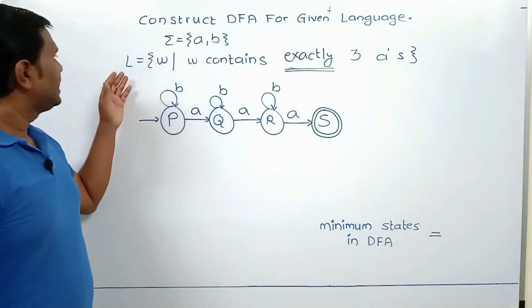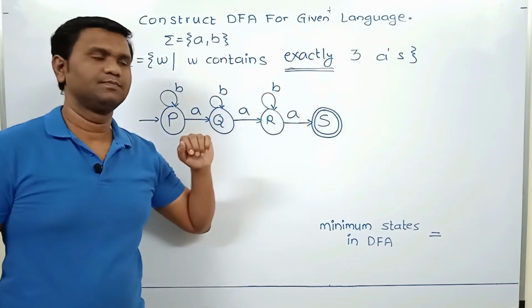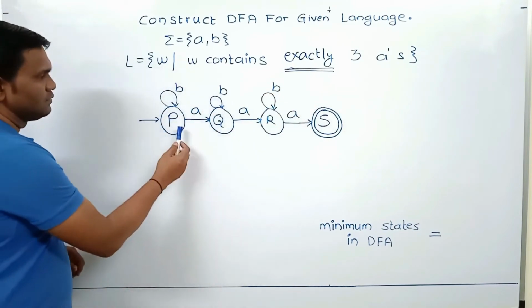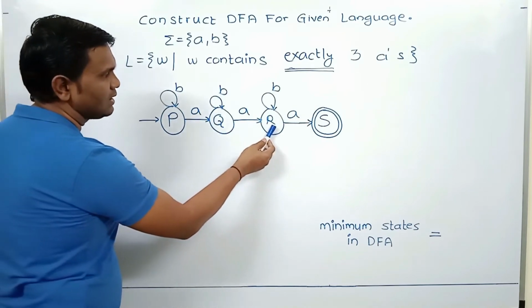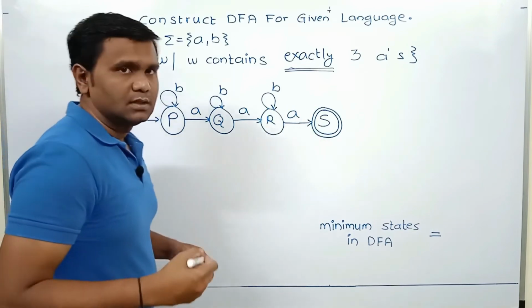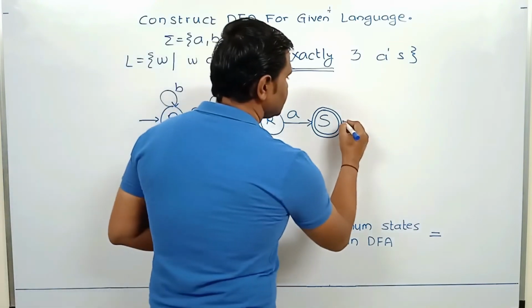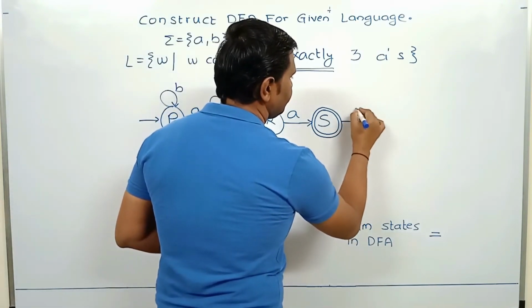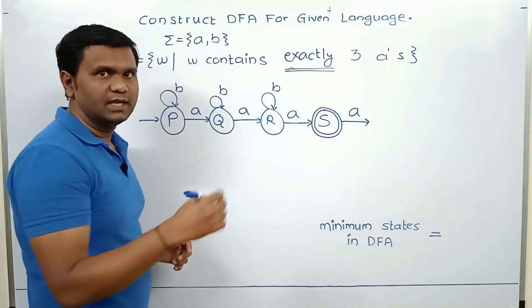Now let's consider language L = {W | W contains exactly 3 A's}. So here on first A we go to Q, on second A we go to R, on third A we go to S. Now what if another A comes? If another A comes, the condition is violated and the string will contain more than 3 A's.